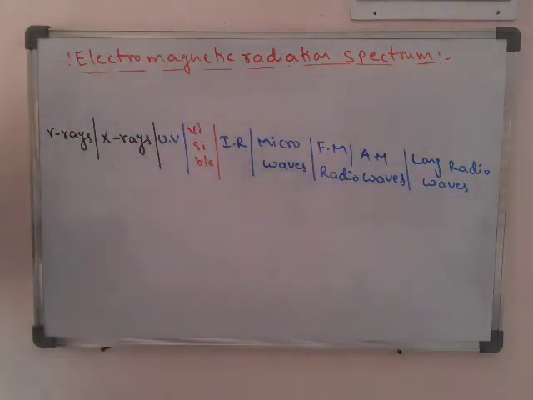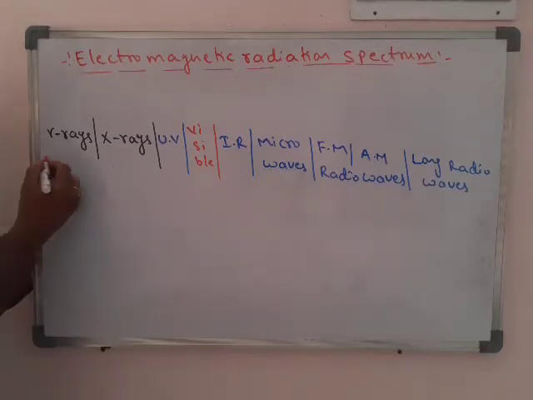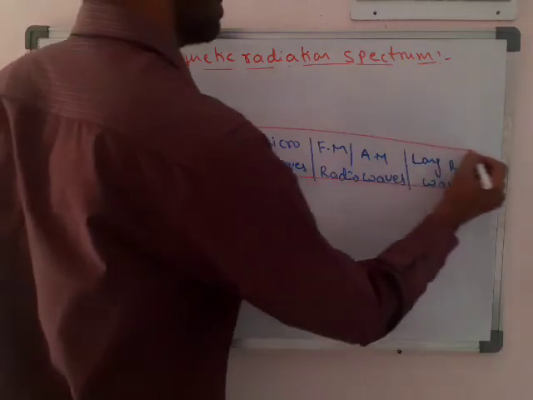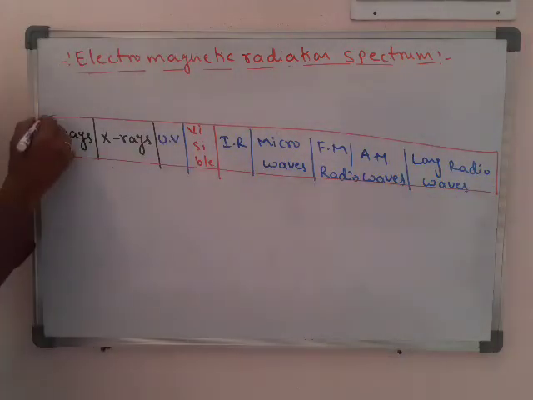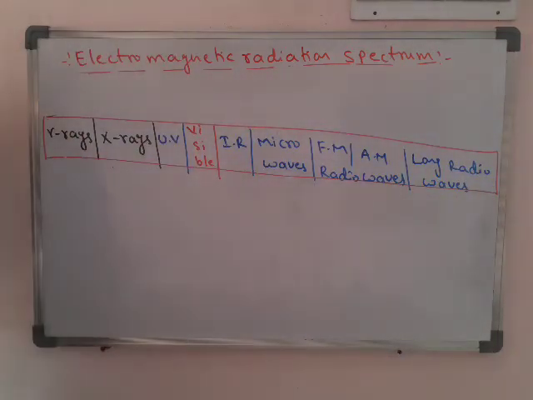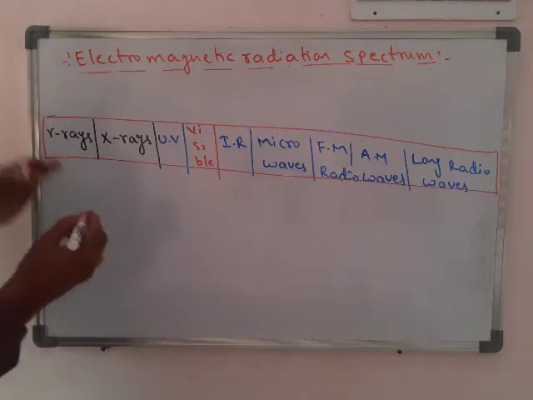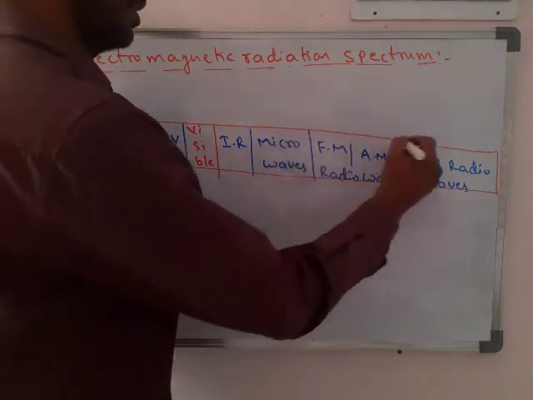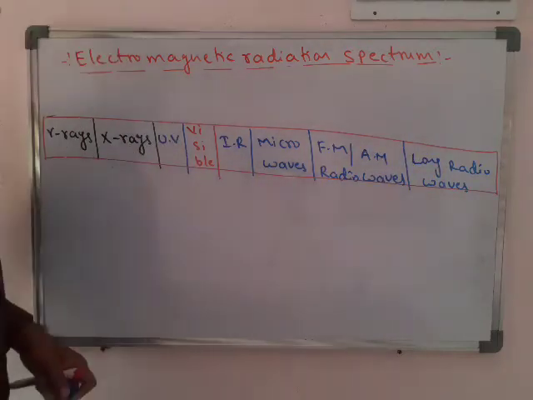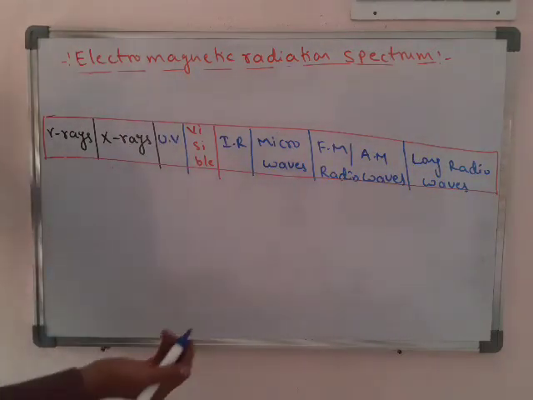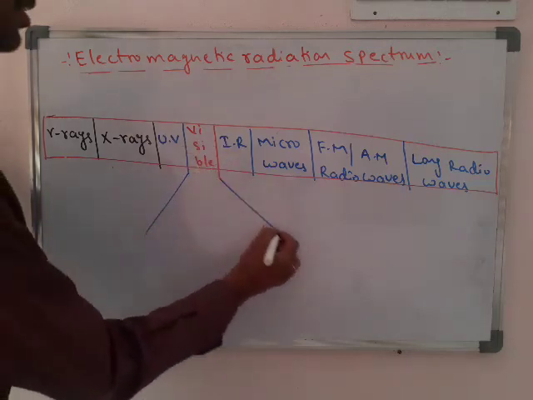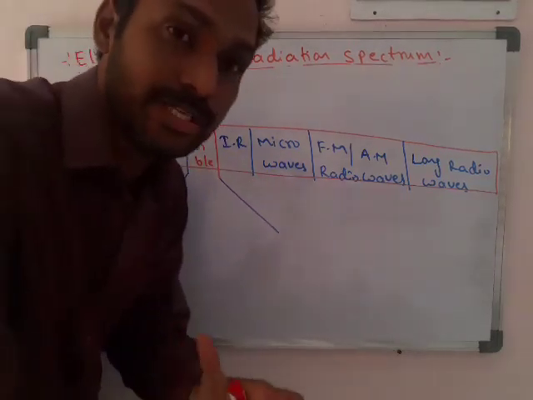So in this order mainly we have to recognize. You must remember this arrangement. Again, important one. Which type of radiation are we able to see? Can you guess? Simply, the name itself says it: we are able to see the visible region only.